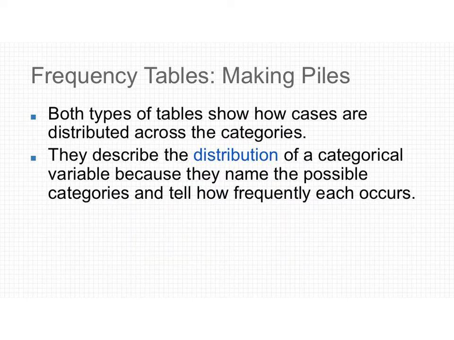Both types of frequency tables show how cases are distributed, and they describe the distribution of a categorical variable. So some category, and often you may have a couple categories within it. They're good because they name the possible categories and also give us information of how frequently they come up.